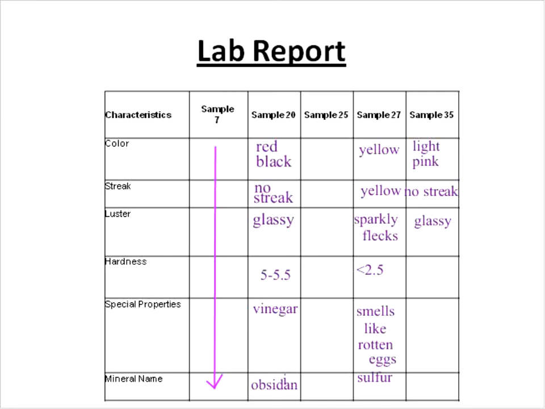We know it's greater than 3.5, but less than what? You can put between 4 and 4.5. Okay, because like I said, our nail scratched it. Not my fingernail, but the regular nail, this guy. It's going to be less than 4.5. So I just put between 4 and 4.5.